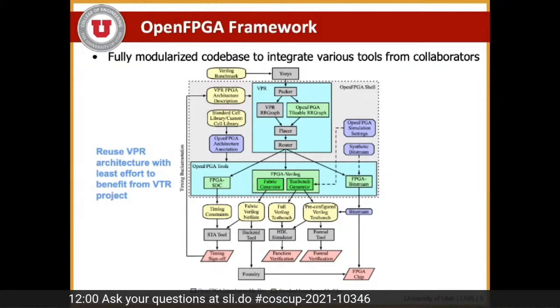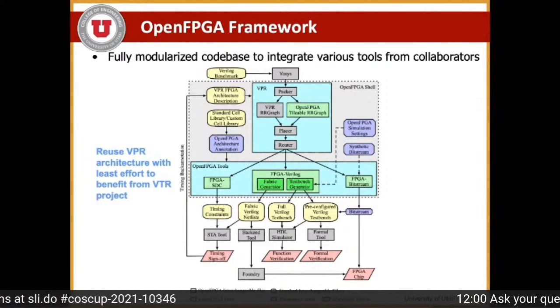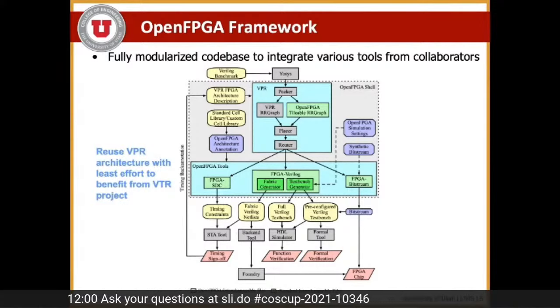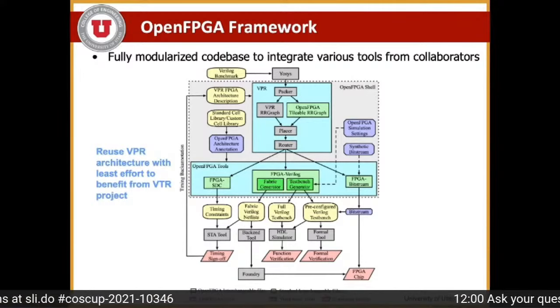VPR was invented 20 years ago as an FPGA architecture exploration tool. It has been very heavily used in the FPGA research world. If you search or Google the most popular FPGA conferences, you can see VPR tools are used in almost every paper you see.